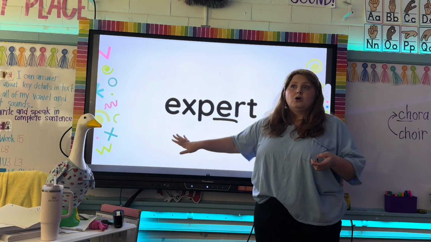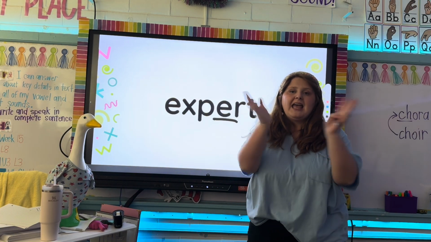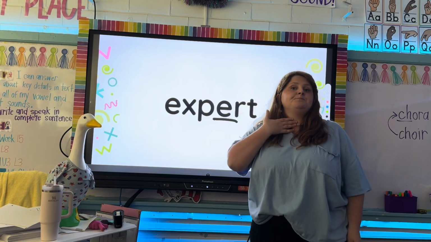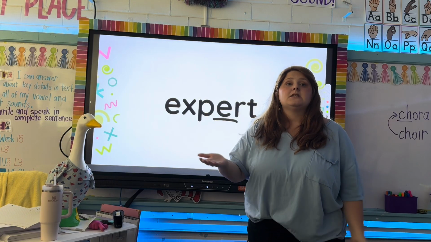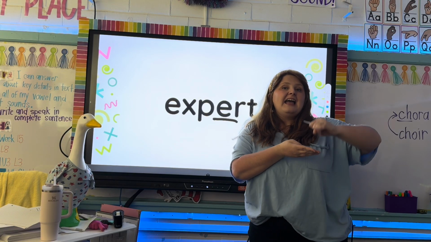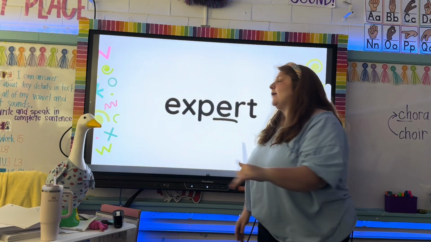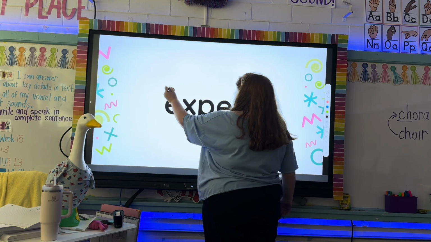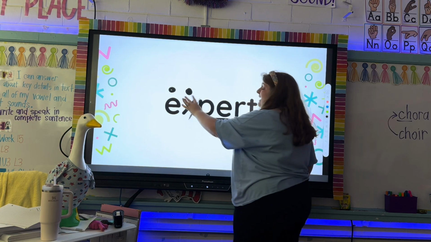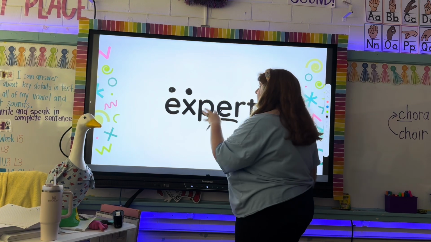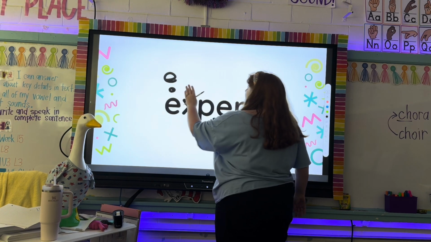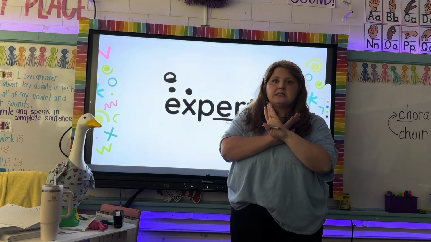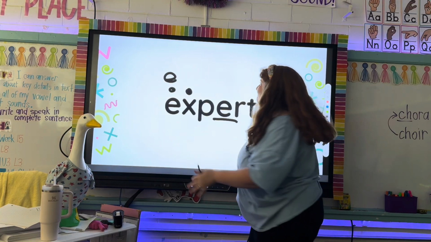My first syllable. Let's clap it. Expert. My first syllable is X. Two phonemes. You spell E at the beginning of a word with an E. X is spelled with an X.